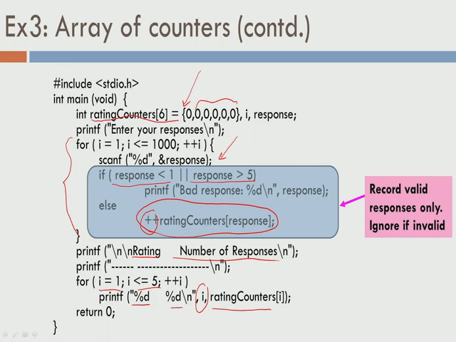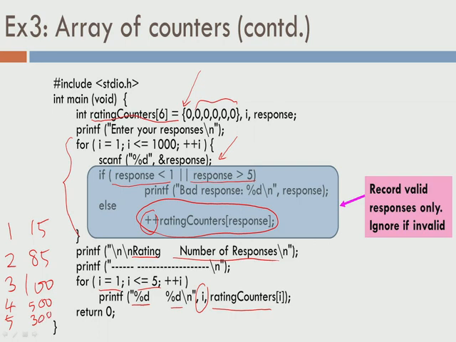So at the end of this, if I scan 1000 inputs, the output would look something like this. Response of 1 came from 15 people, response of 2 came from 85 people, response 3 came from 100 people, response 4 came from 500 people, and response 5 maybe came from 300.